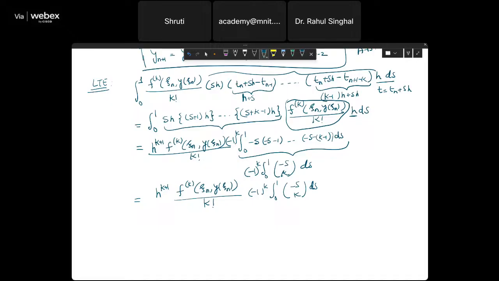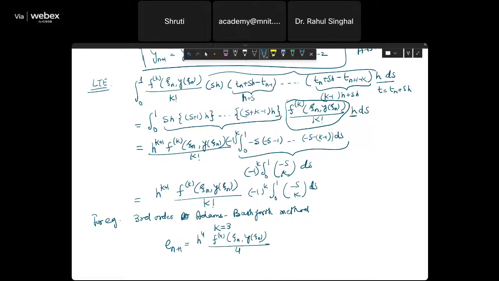So it means if we take the example of the third order Adams-Bashforth method, what we observe is this will be the case of k equal to 3, and then immediately the truncation error here will be h to the power 4, fourth order derivative here, with whatever these things are, divided by factorial.